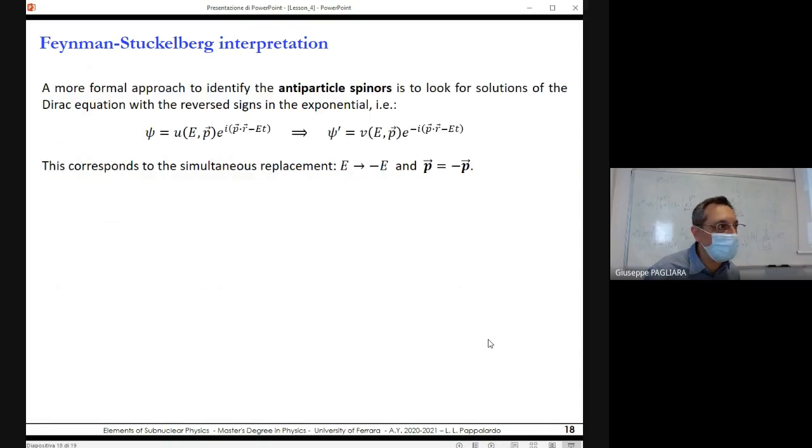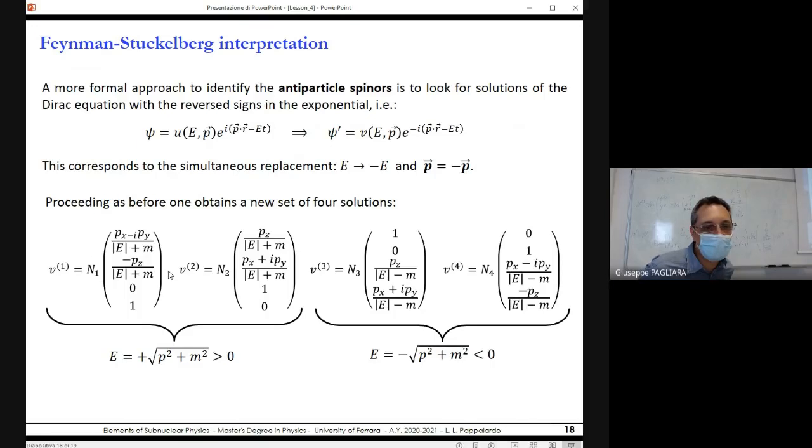But there is a more formal way to get this result, which is to solve the Dirac equation again from scratch, now looking for solutions of this type, where we have the v spinor here and the momentum and energy are simultaneously inverted in sign. Once you do all the algebra we did before on the blackboard, but now requiring this kind of solution, you obtain these 4 new solutions for antiparticles: v1, v2, v3, v4. Again, the first 2 correspond to positive energy, so they are physical. The other 2 correspond to negative energy, so they are unphysical.